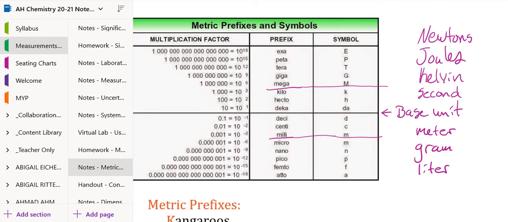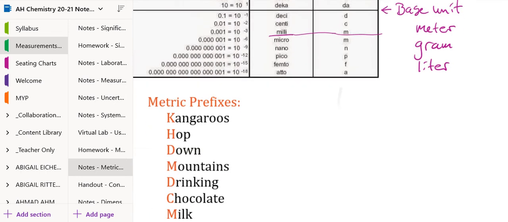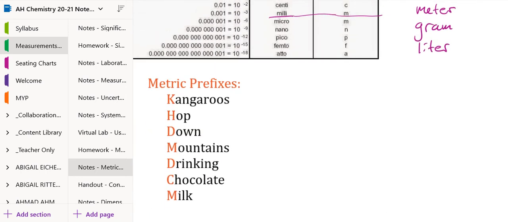So some students, to memorize the prefixes, use acronyms, a phrase where you use the first letter of each word. Here's just one of them. Kangaroos for kilo, hop for hecto, down for deca, mountains.